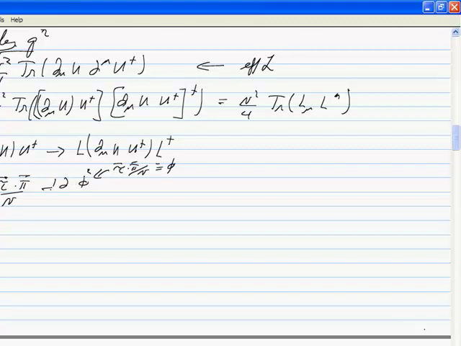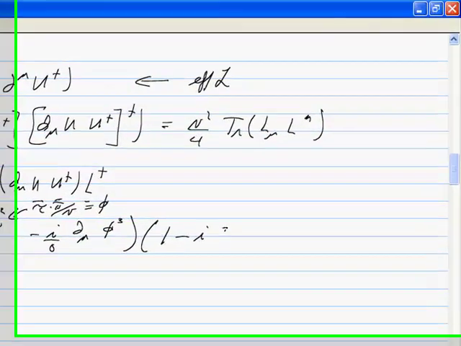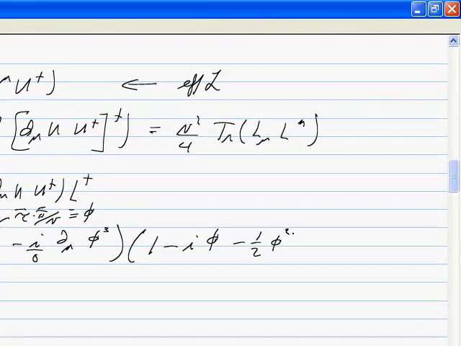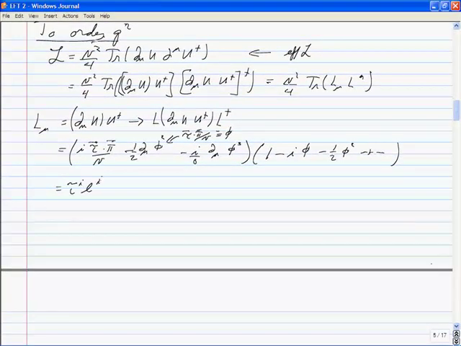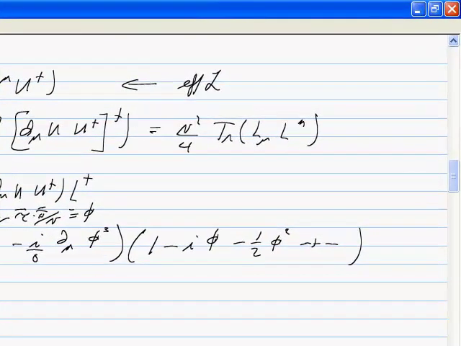So if phi minus 1/2 phi squared, and I take the derivative of that, and then there's minus i over 6 d mu phi cubed, 1 minus i phi minus 1/2 phi squared, etc. Okay, the trick that I just wanted to emphasize is if you do this calculation, this ends up being linear in tau, i times some left-handed stuff, which I'll work out, but it's proportional to tau.